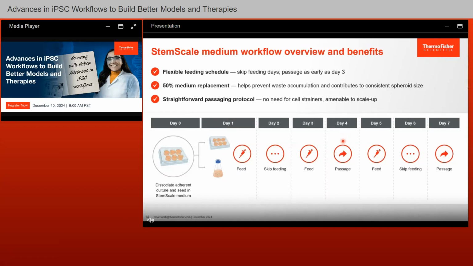During this process of passaging, no cell strainers are needed, which decreases your chances of contamination, decreases chances of cell loss, and also makes the process more amenable to being included in automation platforms as well.